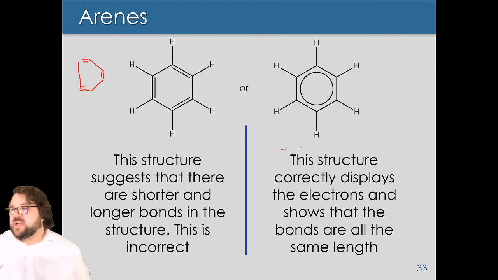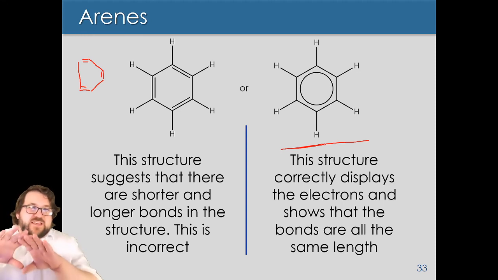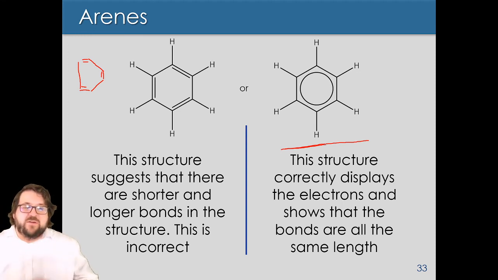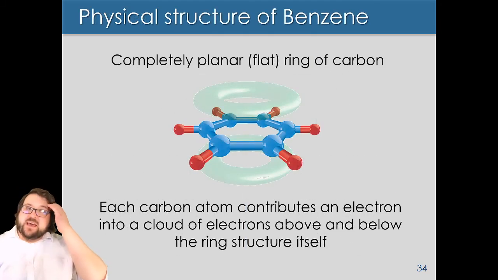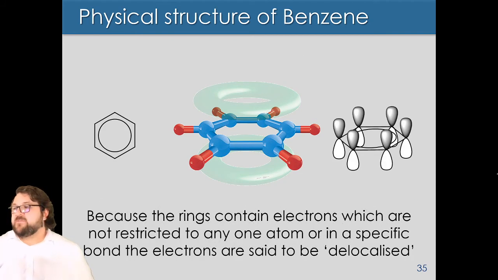And this structure over here with the delocalized ring system does represent that it is a perfect equilateral or regular hexagon. All the bonds are the same length. The reason for that is that the carbons are all double bonded, but they have p orbitals left over in that.